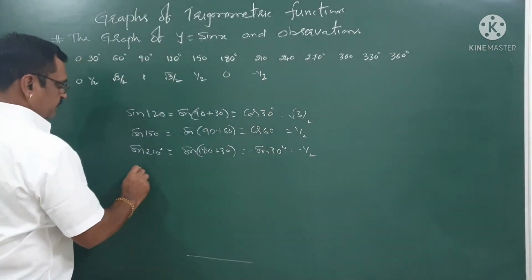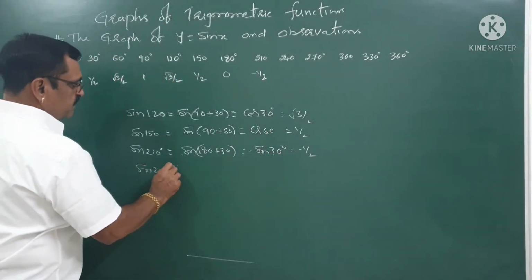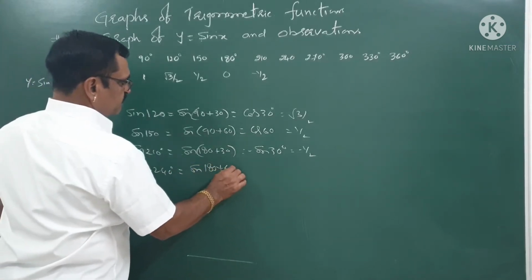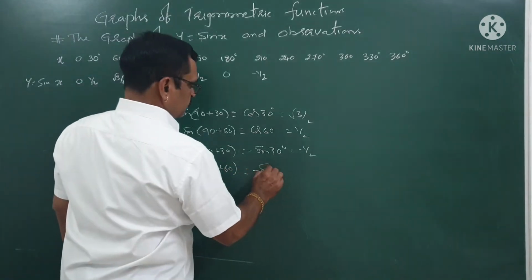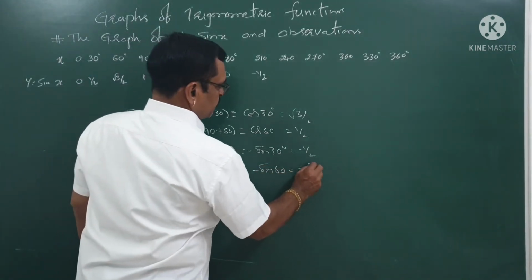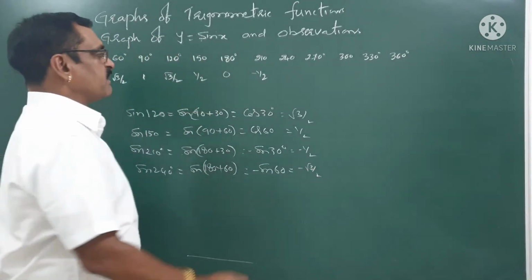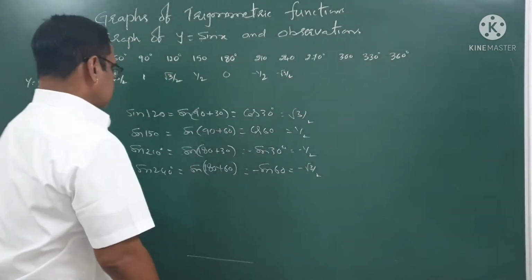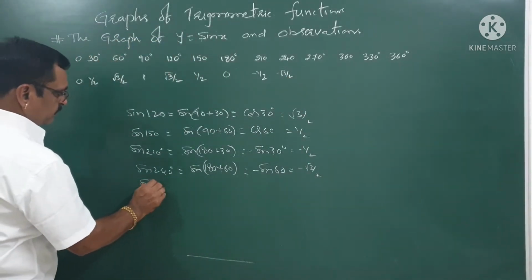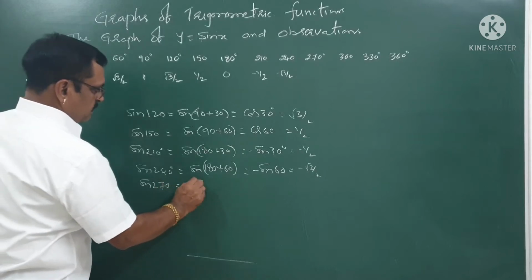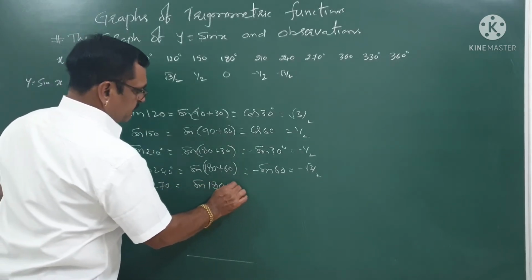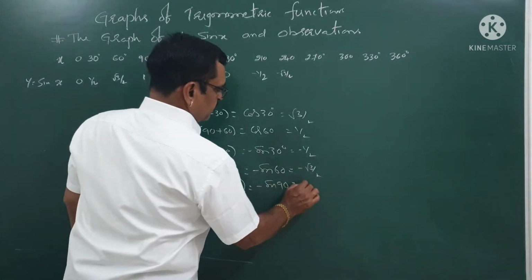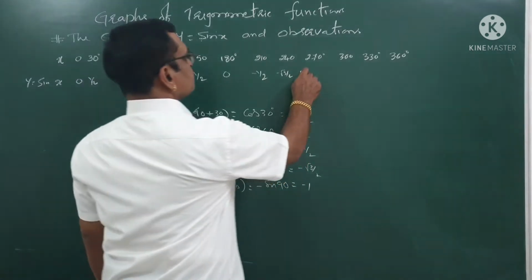Next, sine 240. Sine 240 is equal to sine of 180 plus 60, which is equal to minus sine 60, which is equal to minus root 3 by 2. Next one, sine 270. Sine 270 is sine of 180 plus 90, which is equal to minus sine 90, which is equal to minus 1.